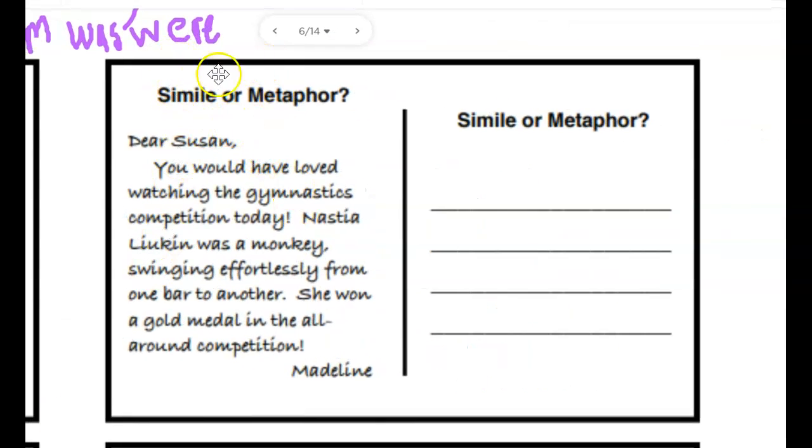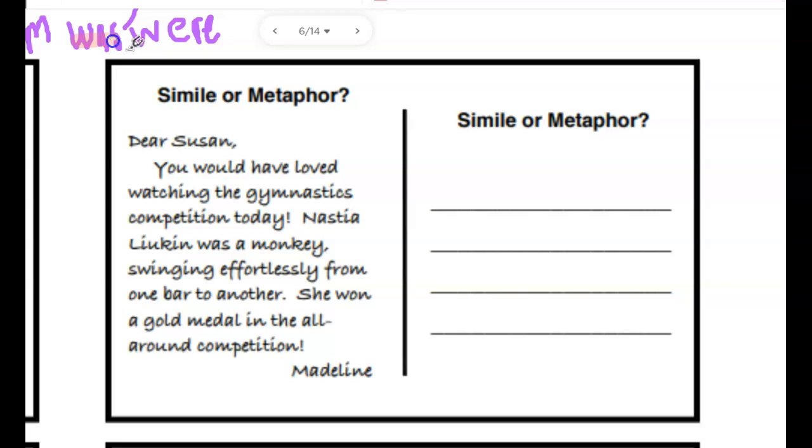So we have to decide if it's a simile or a metaphor and then change it to the other one. Dear Susan, you would have loved watching the gymnastics competition today. Nastya Luikin was a monkey, swinging effortlessly from one bar to another. She won a gold medal in the all-around competition.